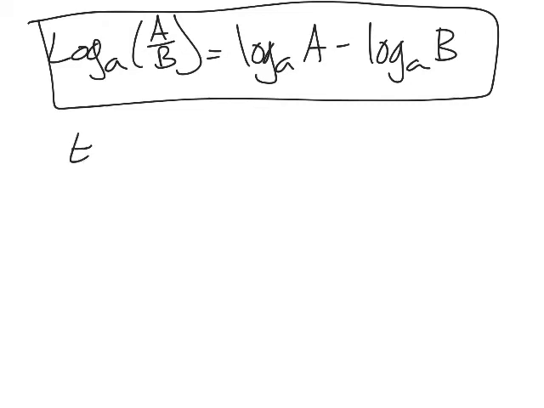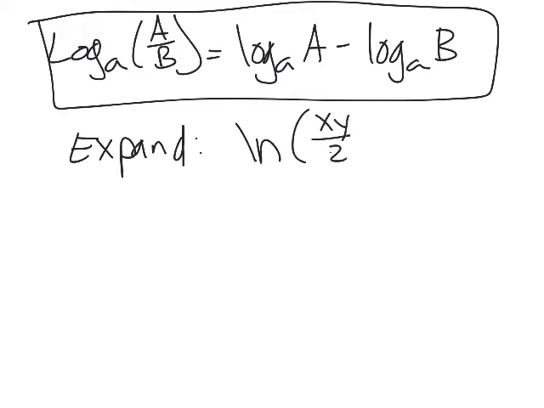If I want to expand, I can tie it in with the first law. Something like this: if I have the natural log of x y over z, I'm going to break that apart into individual logarithms. The first thing you do is separate with the fraction bar. Think of your order of operations. If I want to undo this, I have to separate the quotient first, and that's the second law.